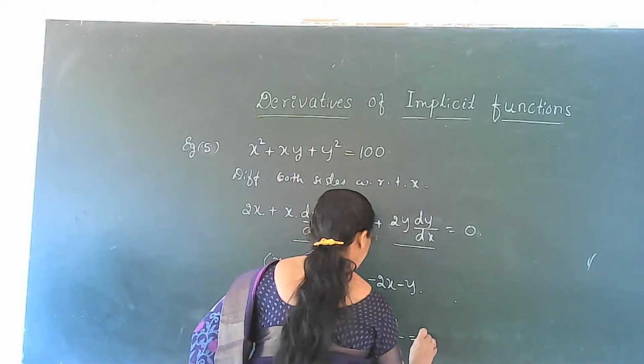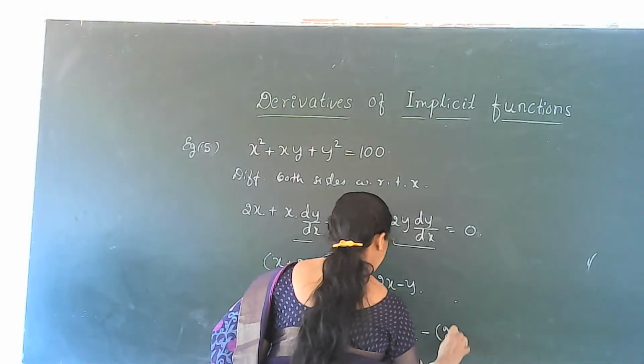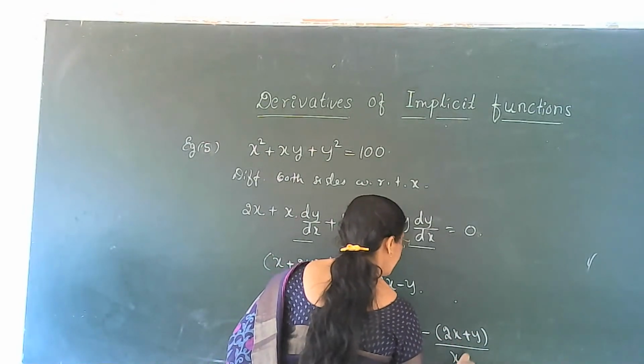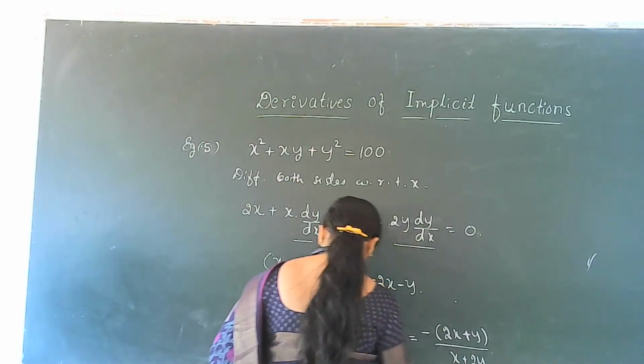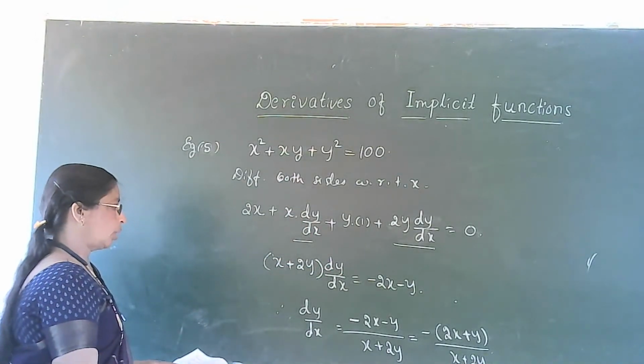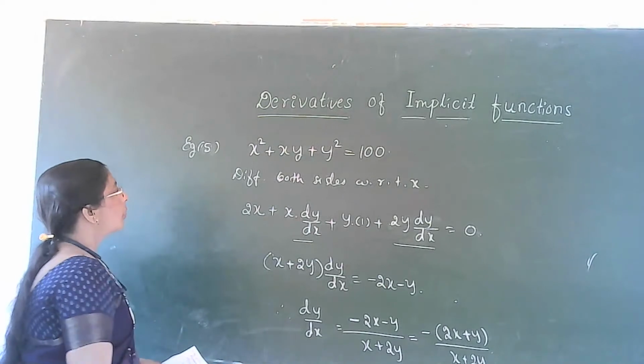Here we can write minus 2x plus y divided by x plus 2y.